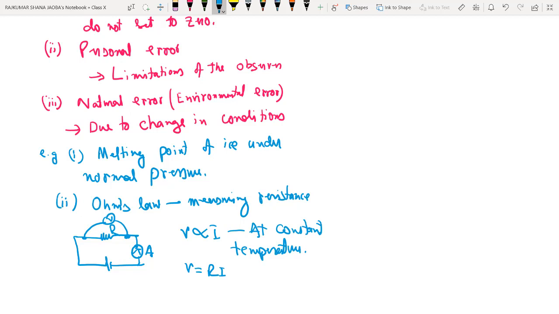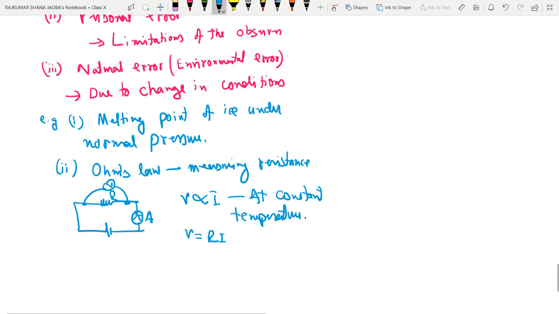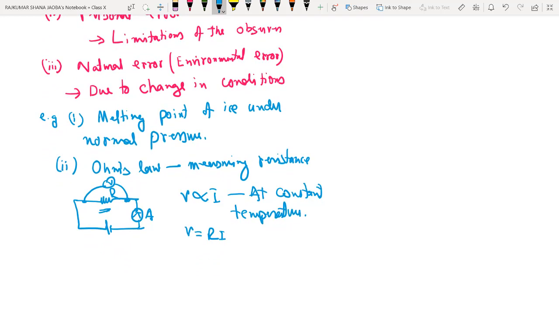If the temperature of the resistance changes, then the resistance will change because of the change in temperature, and we cannot get the value accurately. Such type of errors are known as natural error, meaning the error is due to the change in environmental conditions.